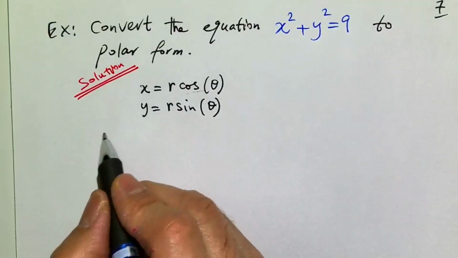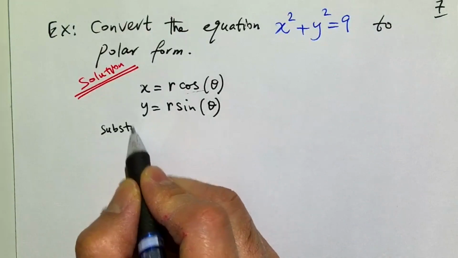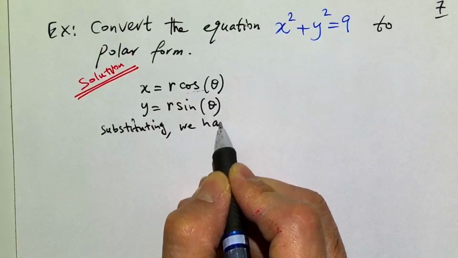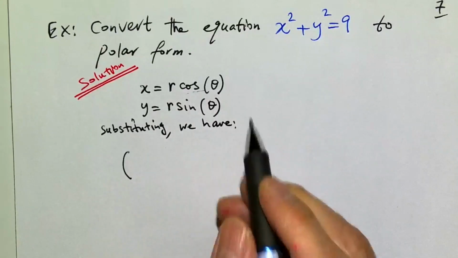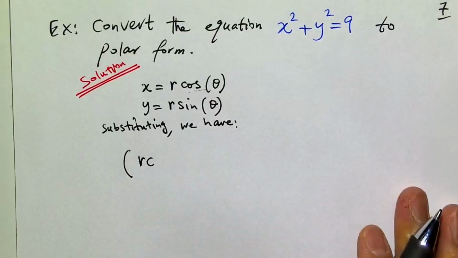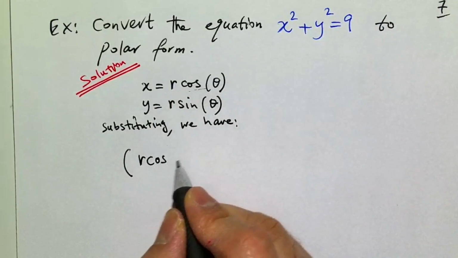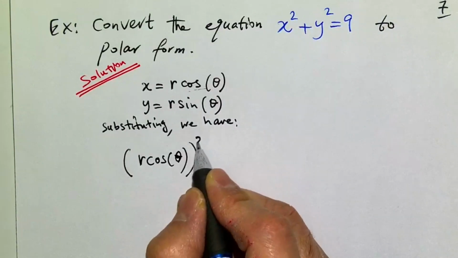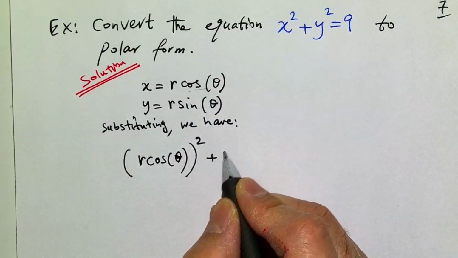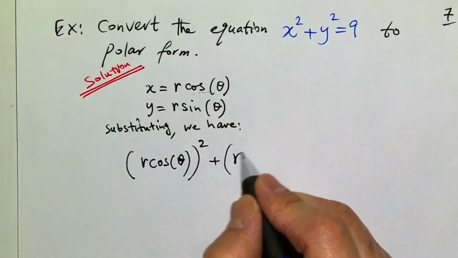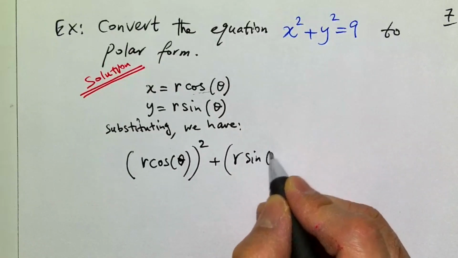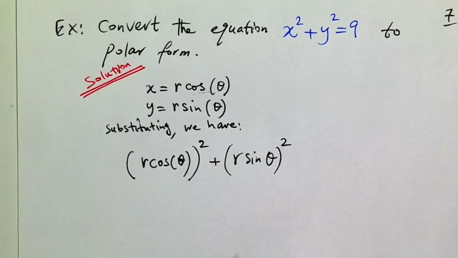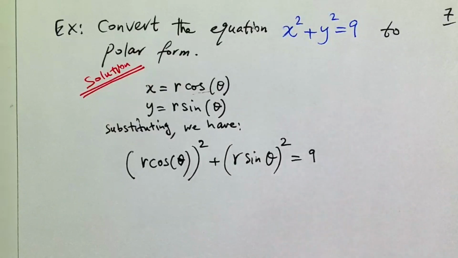So substituting, we have r cosine of theta squared plus, for y squared, we have r sine theta squared equals 9.